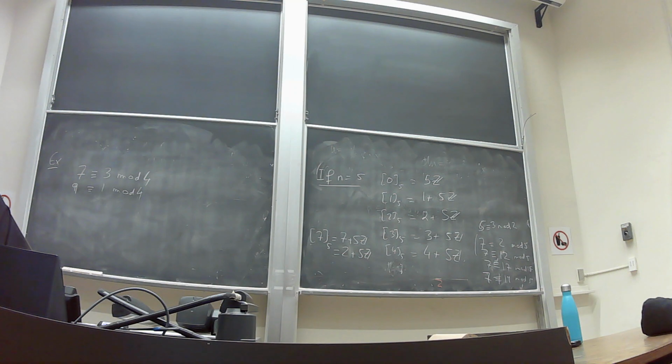Agree with these statements? Now 7 plus 9 is equal to 16, which is 0 mod 4. Agree or not? 16 minus 0 is divisible by 4. Now, 3 plus 1 is congruent to what mod 4? It's equal to 4, which is congruent to 0 mod 4.